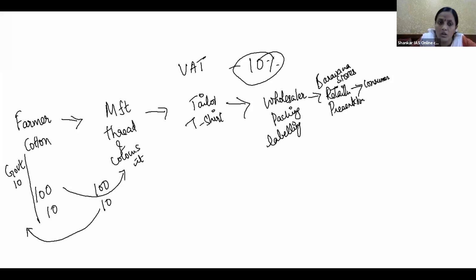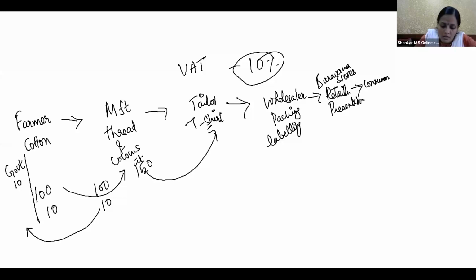Done. Now what the manufacturer does is, I told you he is making it into a thread. He's dyeing it. He's making it into colorful yarn and other things. Okay. So he is adding some value to it, value addition. And it becomes a value of 150 rupees and he is selling it to the tailor.